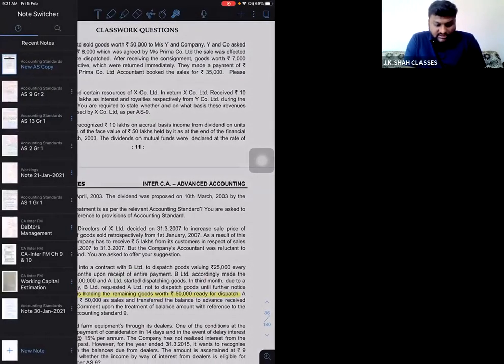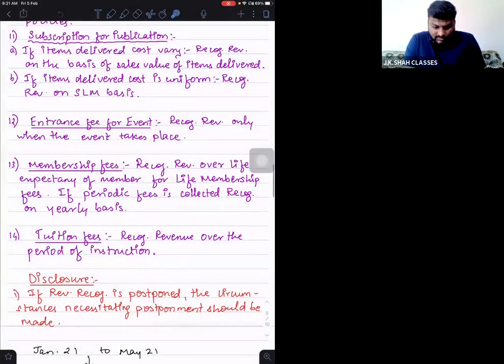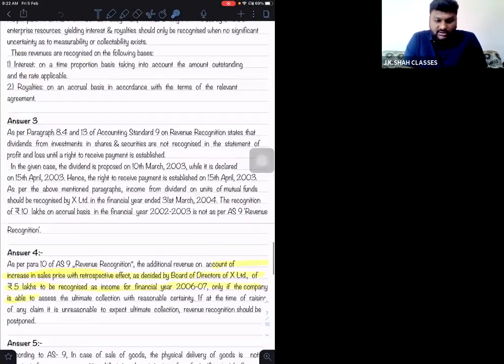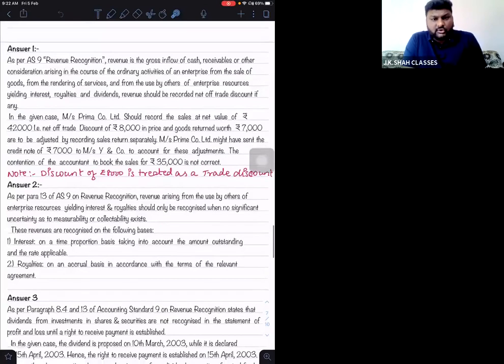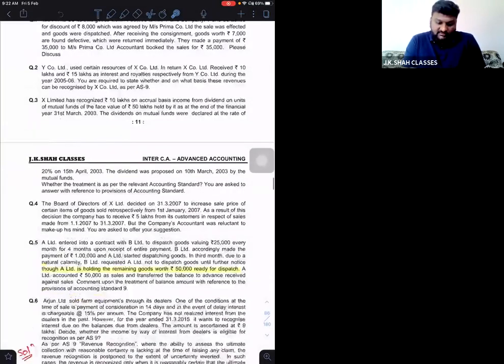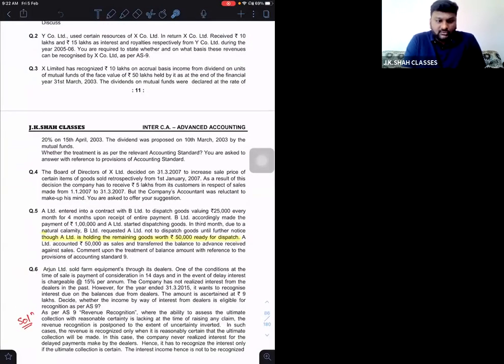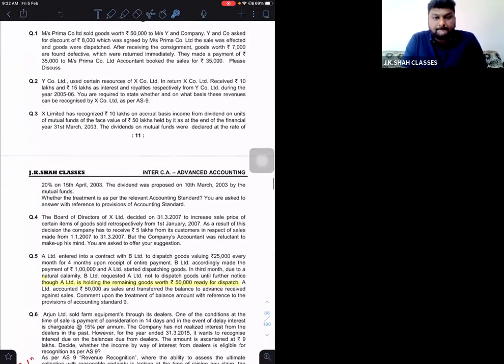And where the solution is not given, I have copied the solution in my notes. Question number 6, the solution is given beneath the question itself. See, in question number 6, from here the solution starts, and for all the 5 questions, solutions are given if I'm not wrong. So let us start with the questions of AS 9.